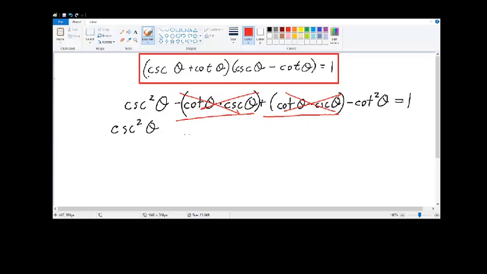Now, after that, we have the negative cotangent squared theta. There is no other cotangent squared, so we'll just drop that down into our remaining equation. All that's left is to set the right side equal to 1 as it has been and see what we could do from there.